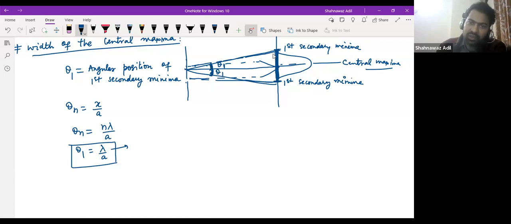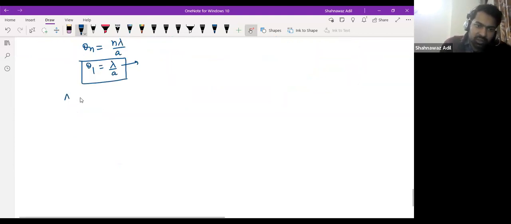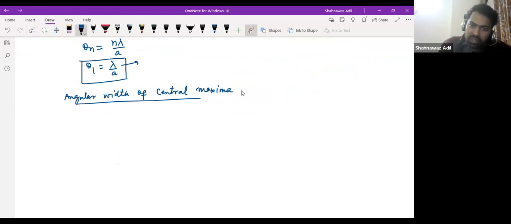That is the total angular width. Yes, sir. So angular width of central maxima, that would be how much? That would be 2 theta 1, which is 2 lambda by a.